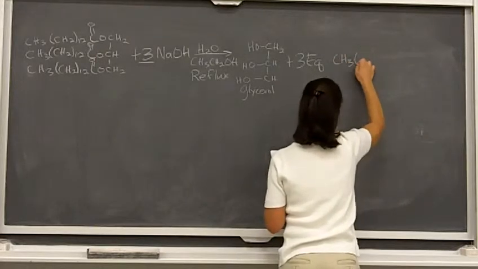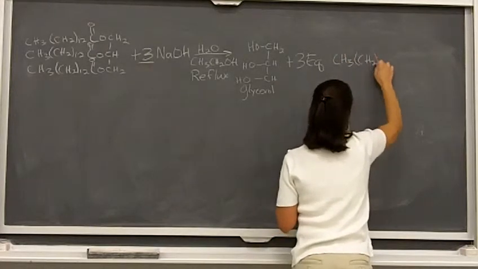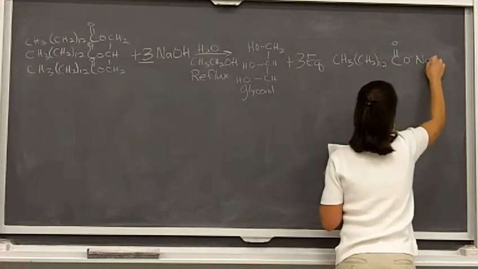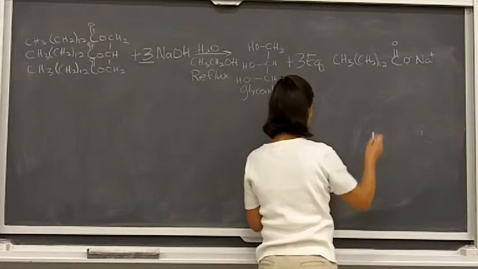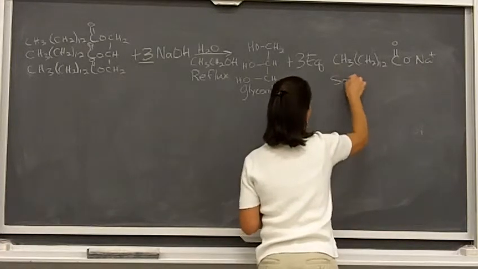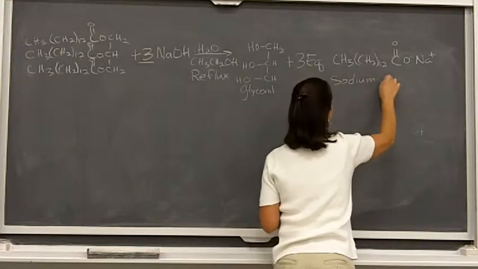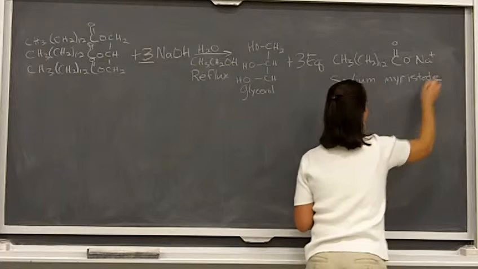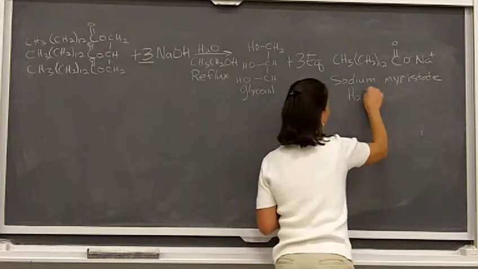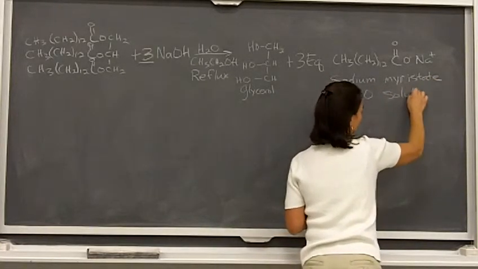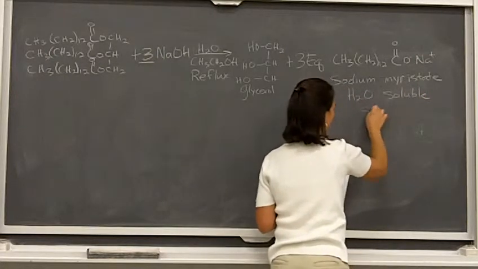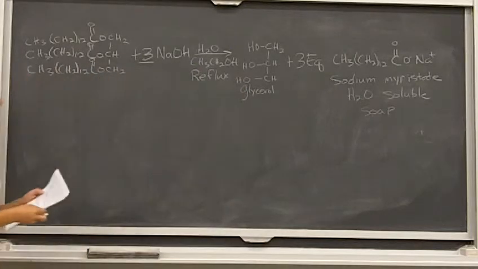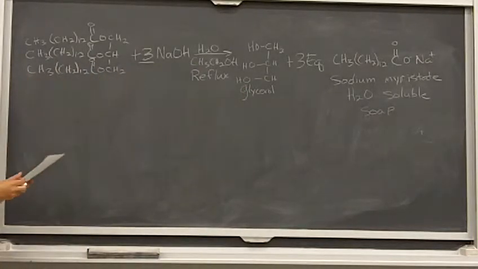So you'll have 3 of these guys now. So here's our sodium salt, and this is called sodium myristate. Water soluble. And this is a soap. It's going to act like soap. You'll see it kind of look bubbly, like you've got a soap solution in the ethanol and the water, okay?